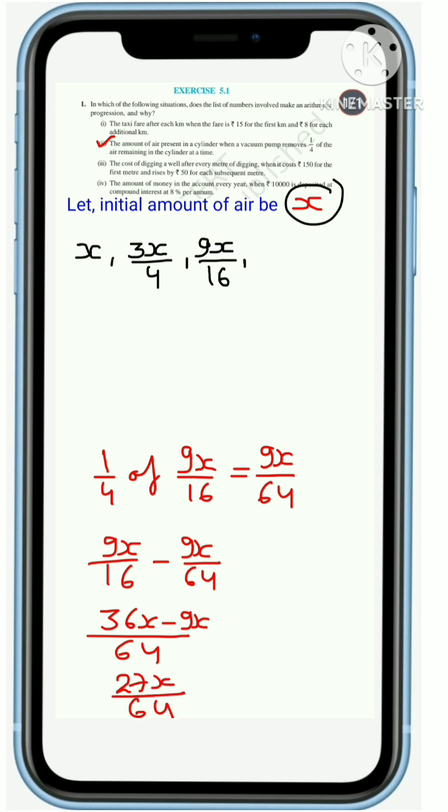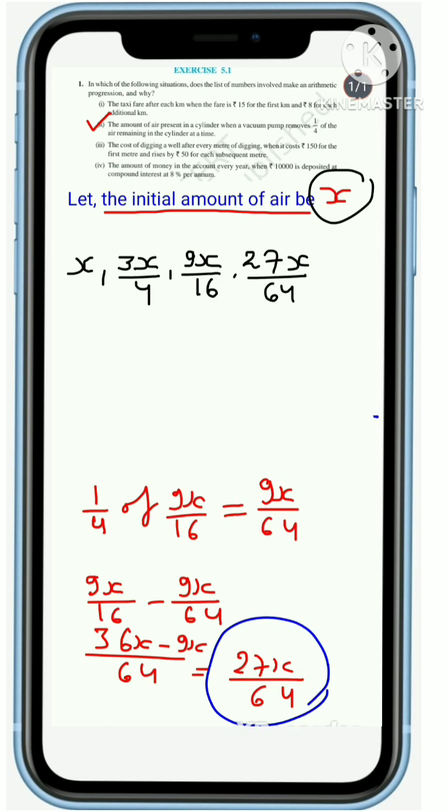Okay students, in this way, after third removal, amount of air left in that cylinder is 27x/64, and it goes continuously.